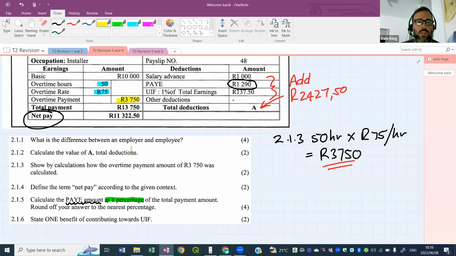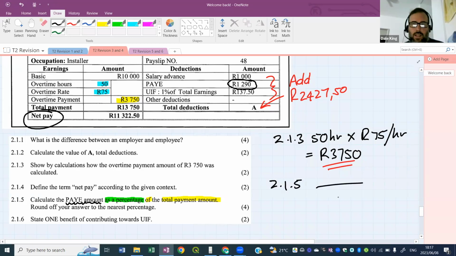As a percentage of total payment amount. So when we calculate a percentage, we always need a fraction. Now, what's underneath the fraction, the denominator? You look for this word of. So the total payment amount must come underneath our fraction.